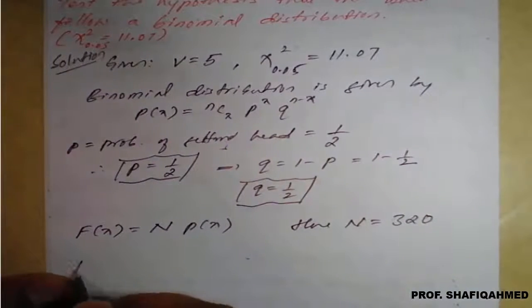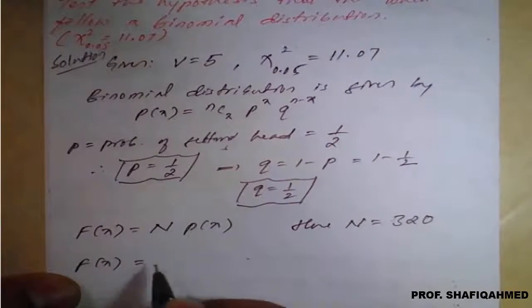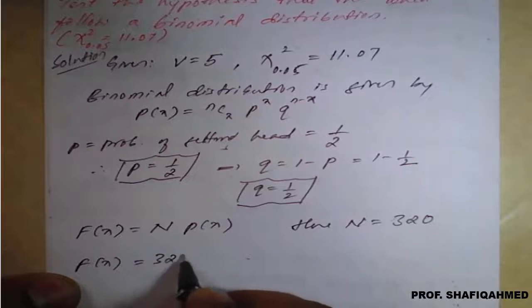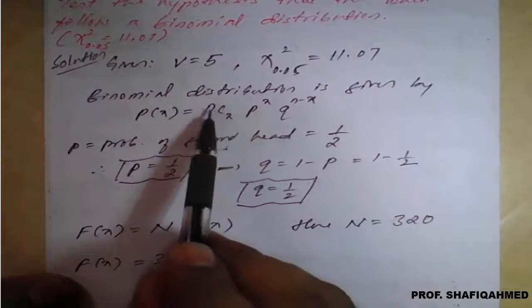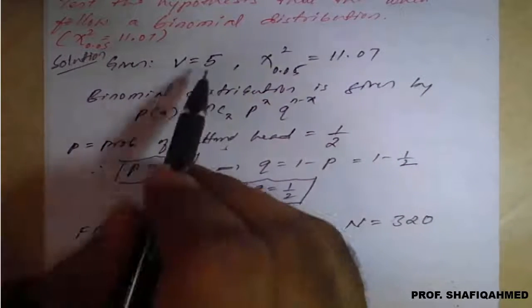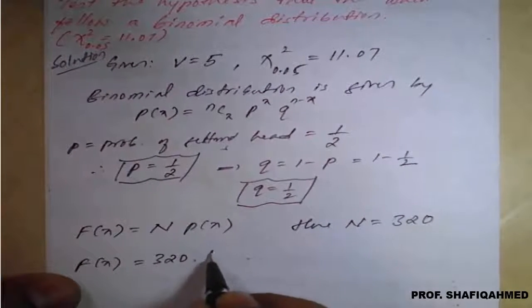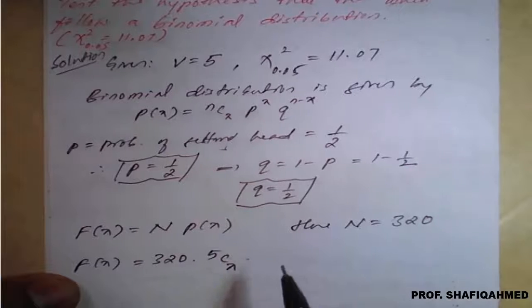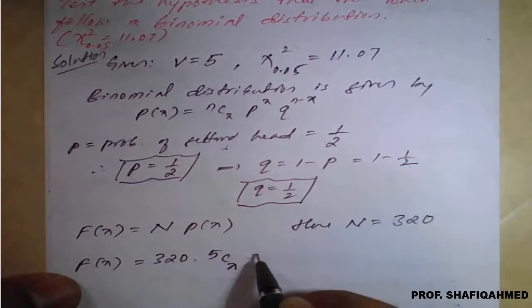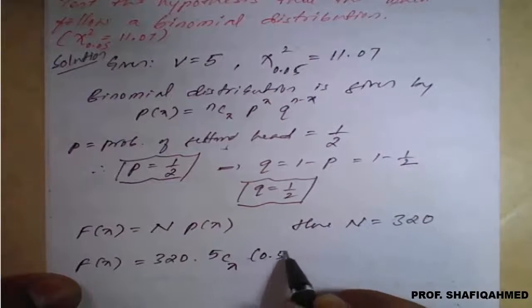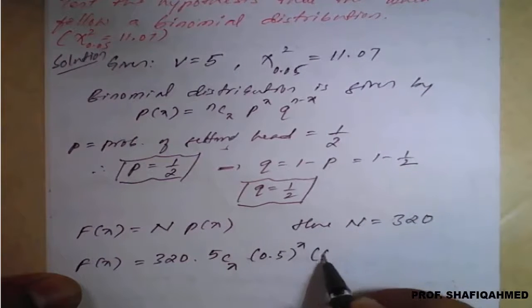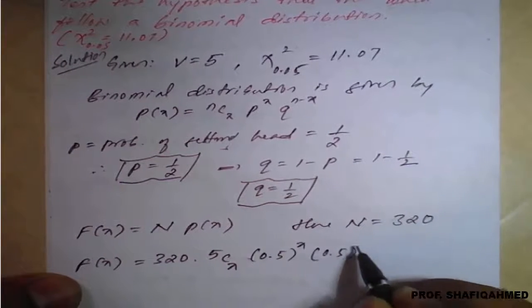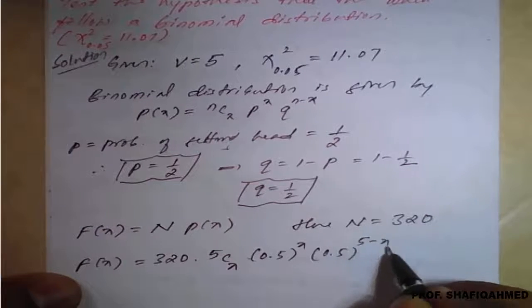So therefore F of x is equal to 320 times P of x formula. So what is P of x formula? nCx, here n is 5, so we'll write 5Cx. Then p value is 1 by 2, I will write 0.5 raised to x. Then q is also 0.5 raised to n minus x, that is 5 minus x.